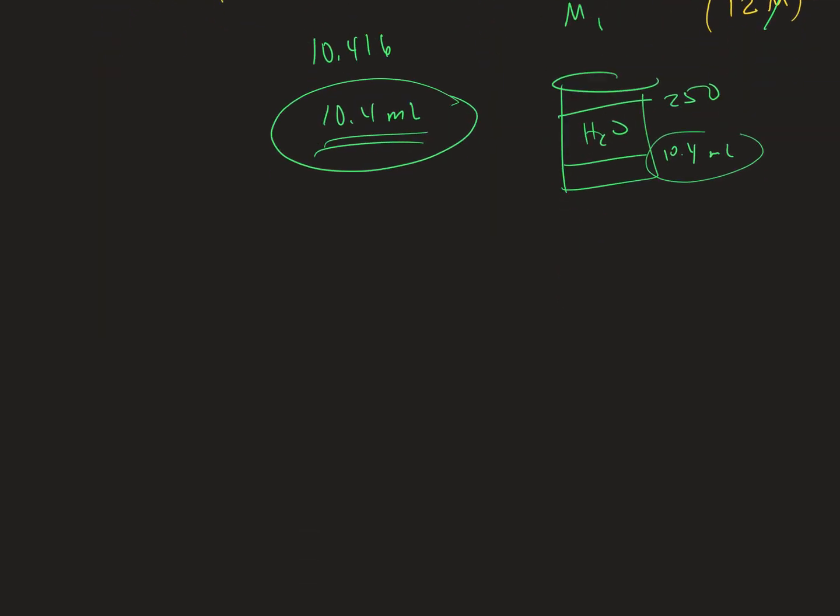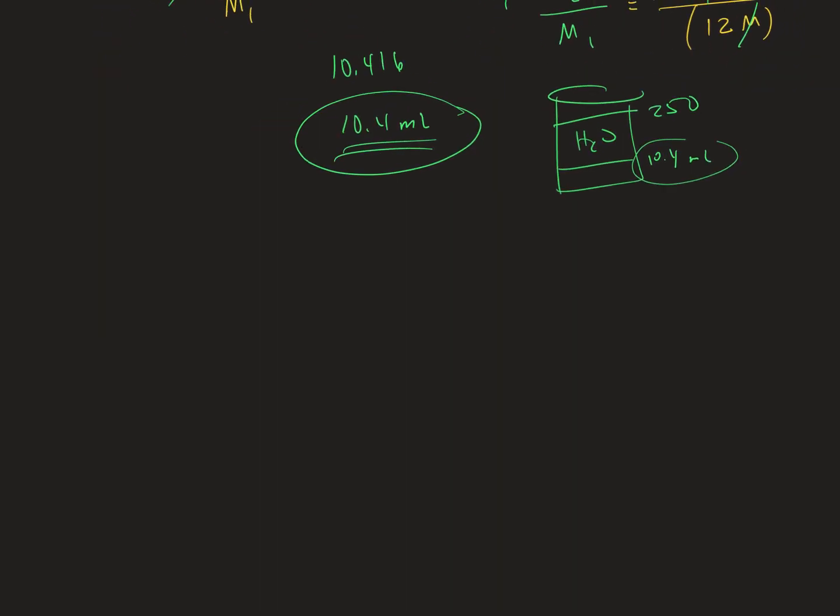All right, we good? Because the exam is just theoretical, right? So the answer is just 250 minus 10.4, and that's how much water we need? That's how much water we need, but this is also part of the answer. It should be both. So if we're saying, how do you make this?